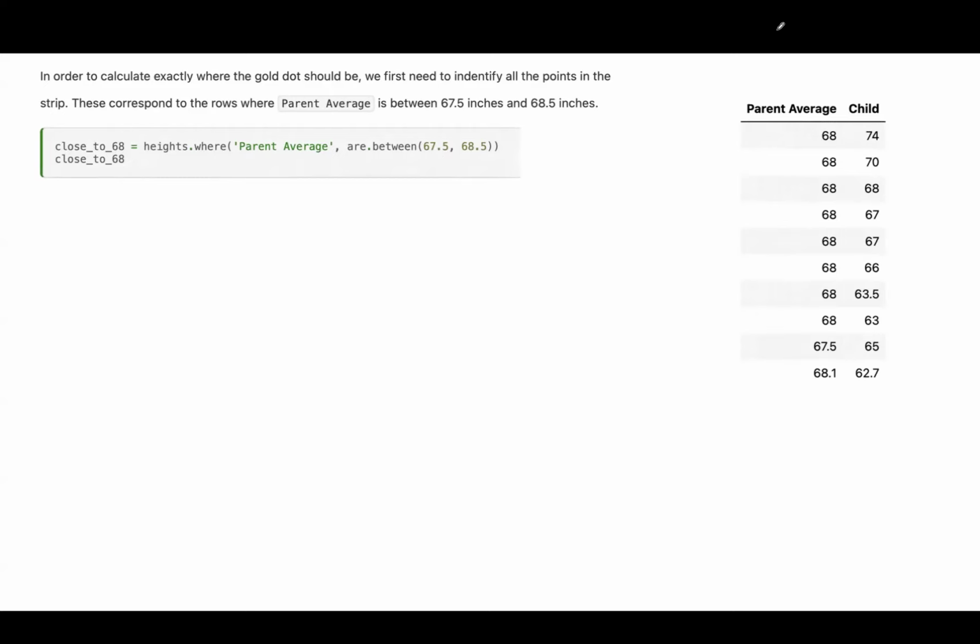It generates the following for us: the parent average and the child. Okay, 68, 74, 68, 70, 68, 68, 68, 67, and so on.